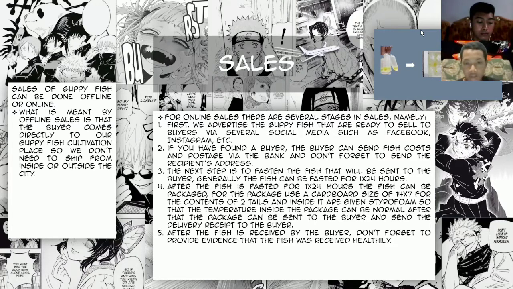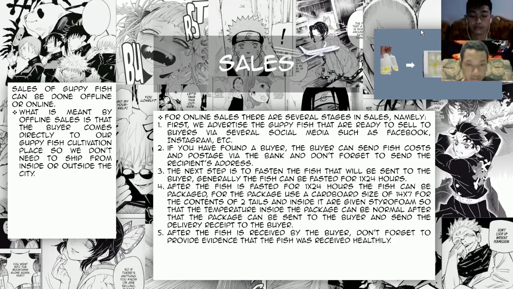First, we advertise the fish that are ready to sell to buyers via several social media such as Facebook and Instagram. Second, if you have found a buyer, the buyer can send the cost by bank transfer, and don't forget to send the recipient's address.